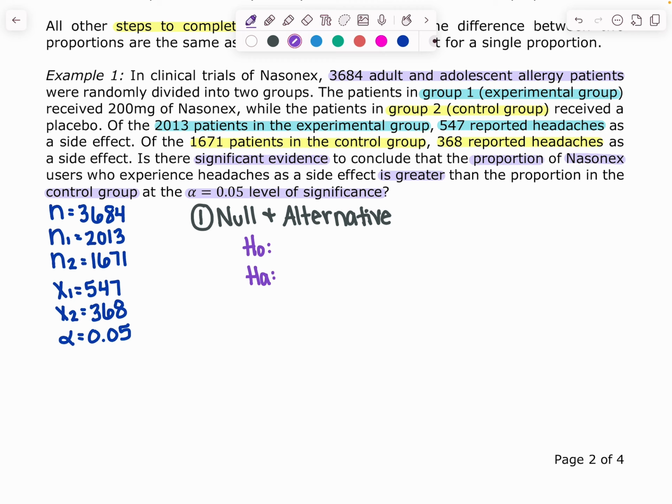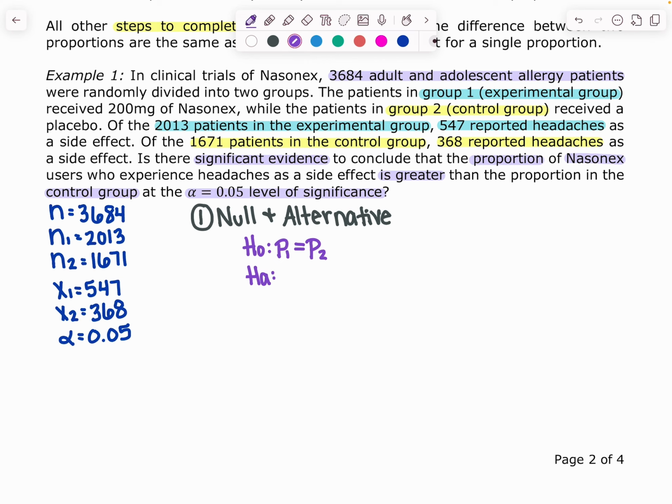So the H0 is going to be the same no matter what two groups I'm looking at. It's going to be that group 1, P1, is equal to P2. So we're going to start out by assuming that the proportion of patients that got headaches from their medications were the same.